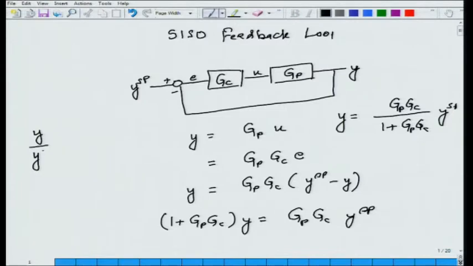and therefore, what you get is that the servo transfer function of the output with respect to a change in the set point is actually equal to Gp Gc divided by 1 plus Gp Gc.